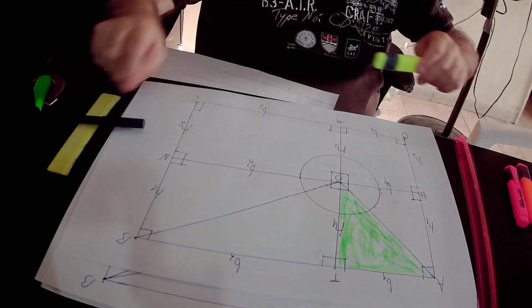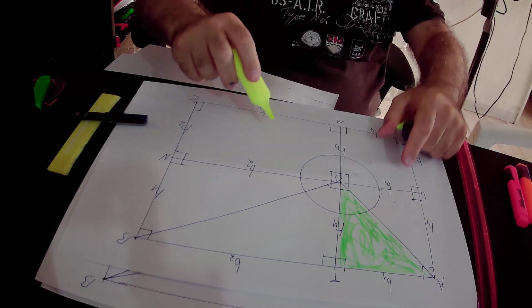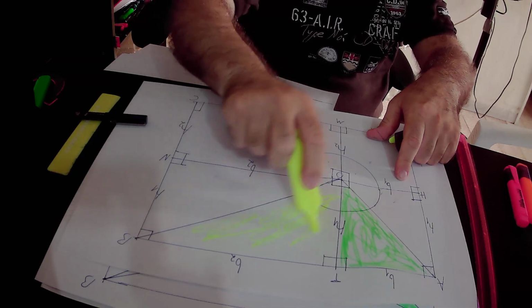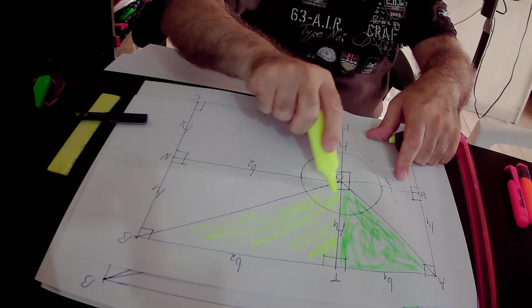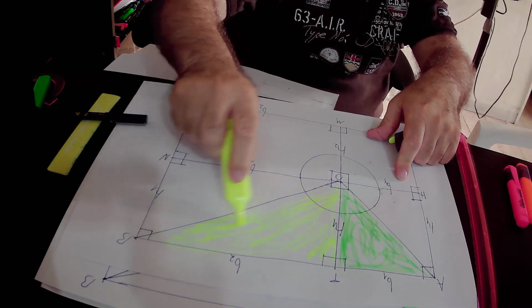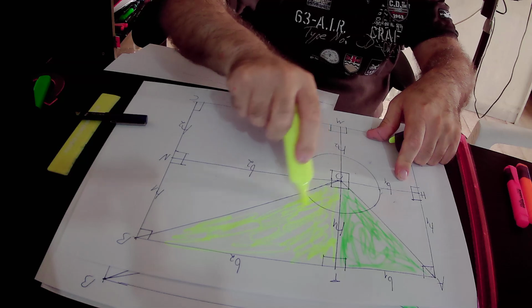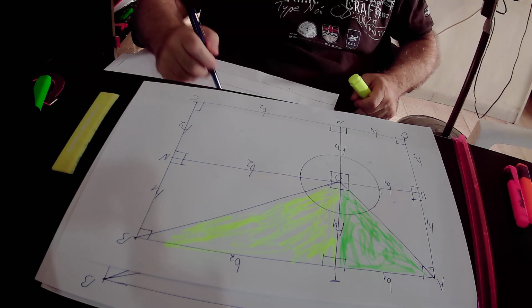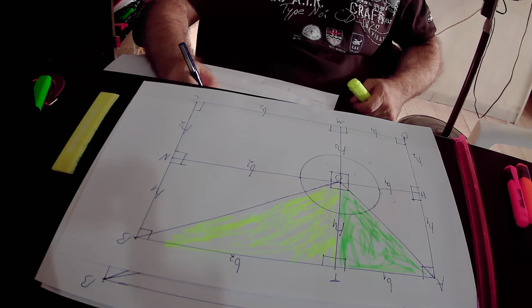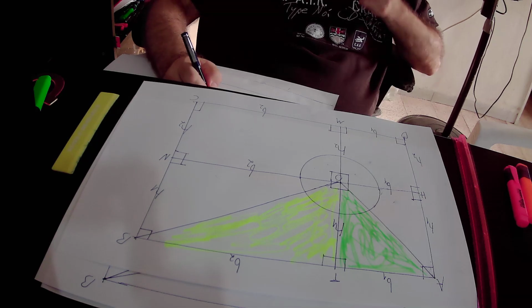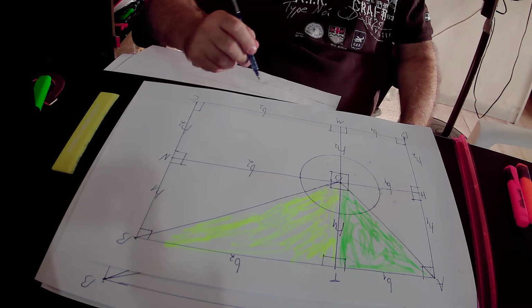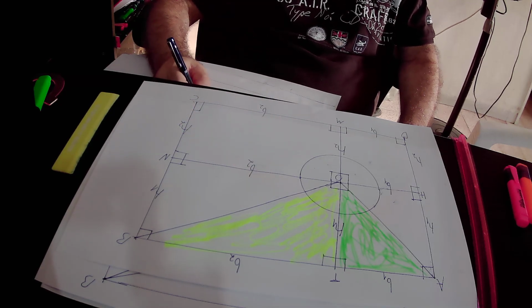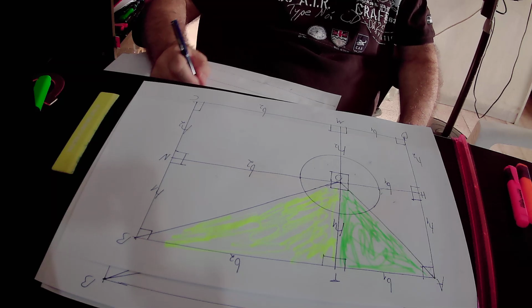And we implement the Pythagoras theorem on the right yellow triangle, triangle TBO. According to the Pythagoras theorem, BO square equals B2 square plus H1 square.